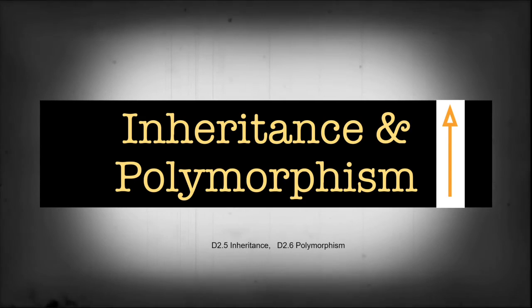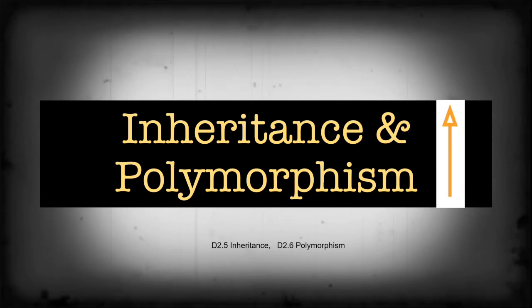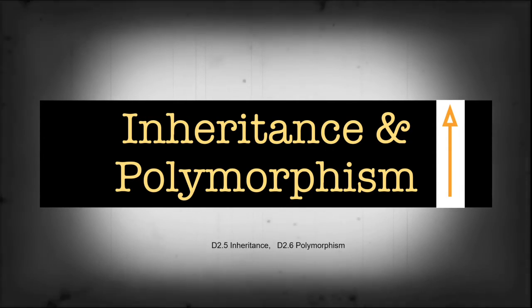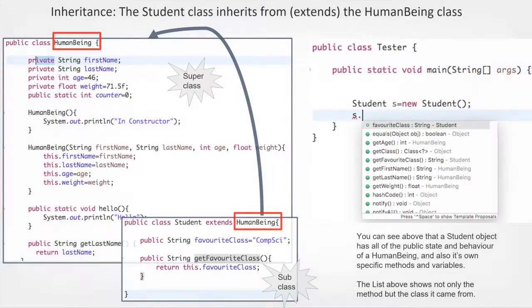Inheritance and later polymorphism, which is a modification of inheritance, is an is-a relationship. In other words, a student is a human being. You can see this quite clearly in code with the use of the extends word in Java.